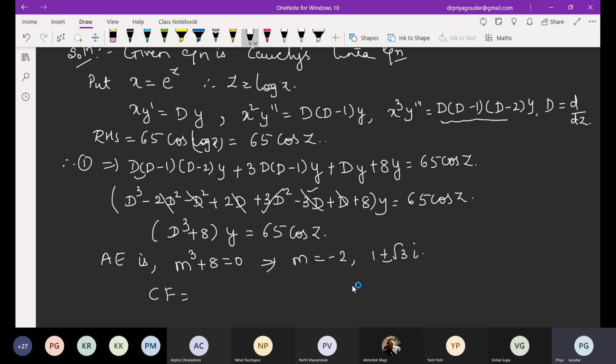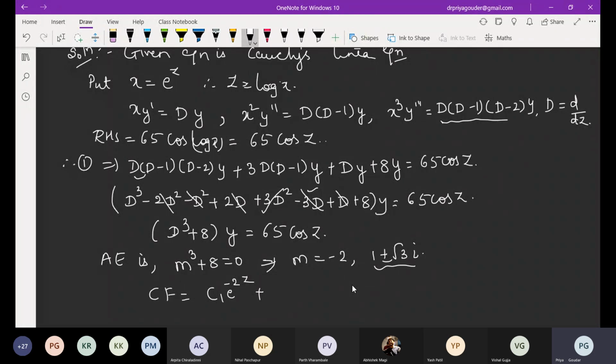Tell me the CF part. C1 e raised to minus 2, what do we have to write? z. Yes, it has to be written in terms of z.